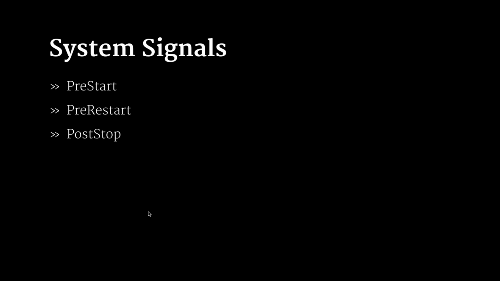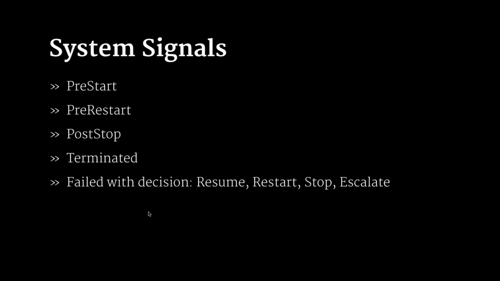I'll receive a signal when I'm about to start this actor, so that's the pre-start message. There's a pre-restart, a post-stop, and terminated messages if I am doing context watch, so I'm watching other actors. There's also a terminated message, and there's also failure messages if one of my children fails, so that I can make a decision based on that.